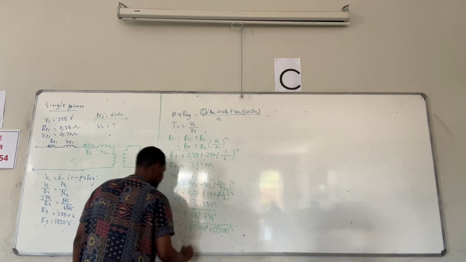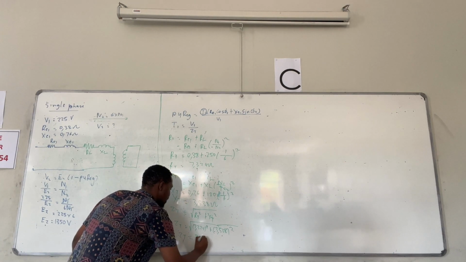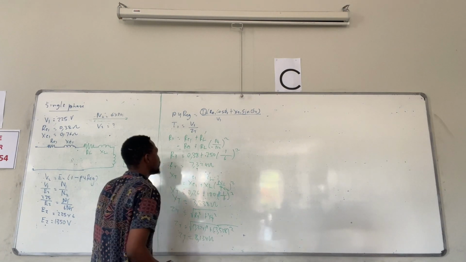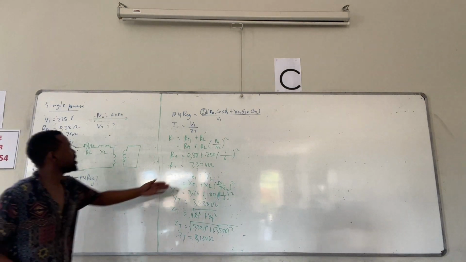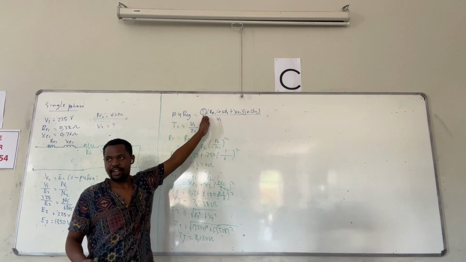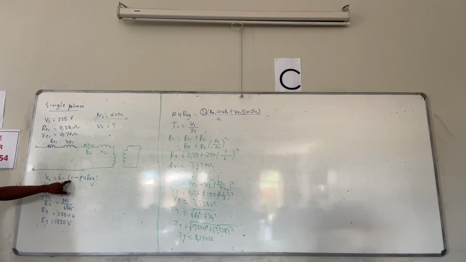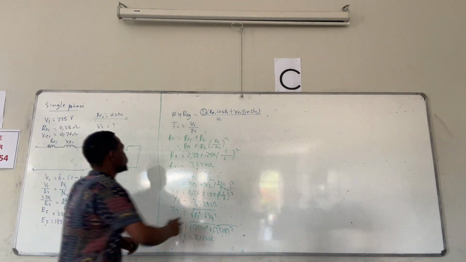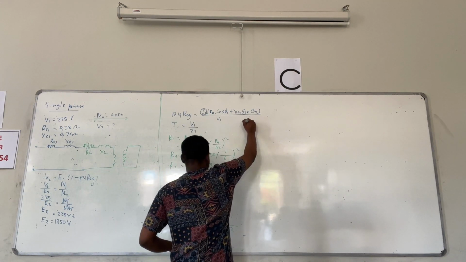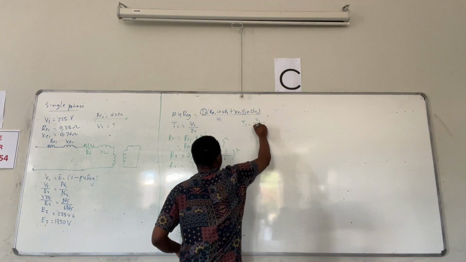What is ZT? 8.134 ohms. Now we can calculate I1. By calculating I1, I can calculate the per unit regulation. Once I get per unit regulation, I can get the terminal voltage, which is E2 open bracket 1 minus per unit regulation. So I1 is basically V1 over ZT.